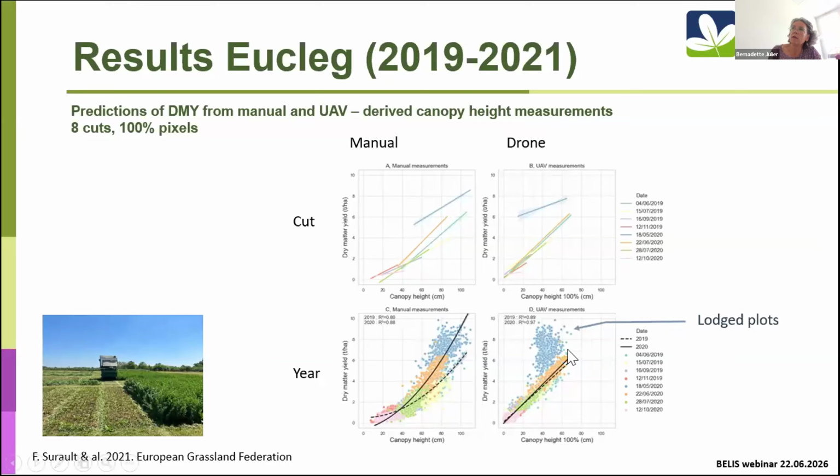So here you can see that if you have lodged plots, you cannot predict dry matter yield. But in the other cases, the correlations were quite good. And important information: Eric used 100% of the pixels to predict canopy height. So canopy height in this case is a good predictor of dry matter yield.